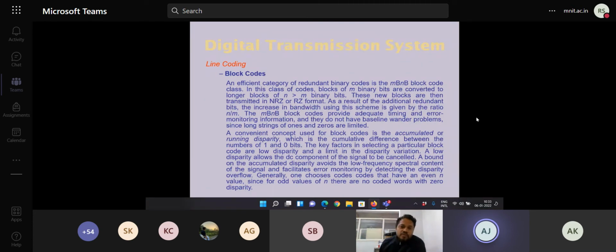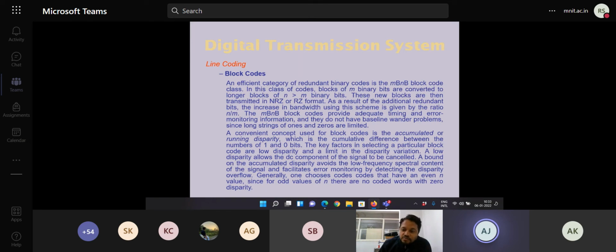Block codes by themselves are a completely different subject altogether, but I can give you a very simple example of error detection.